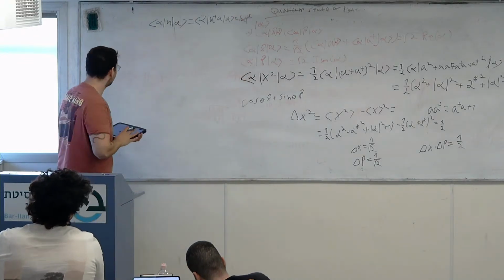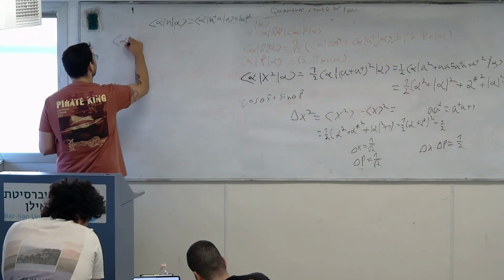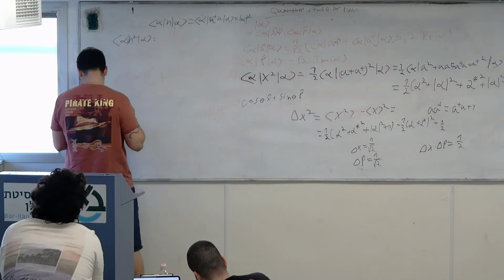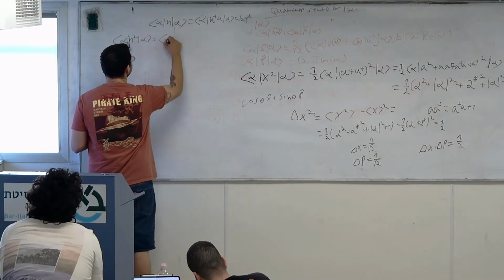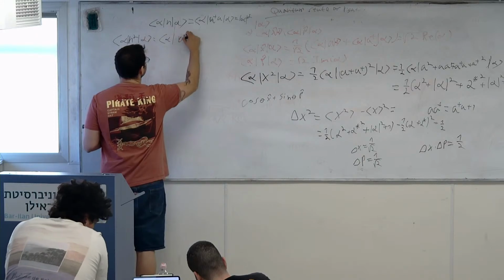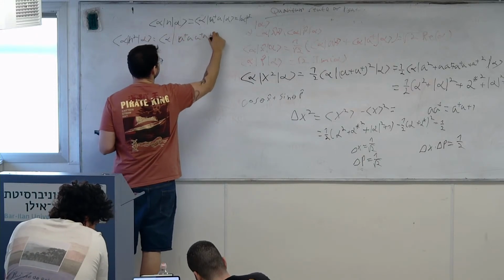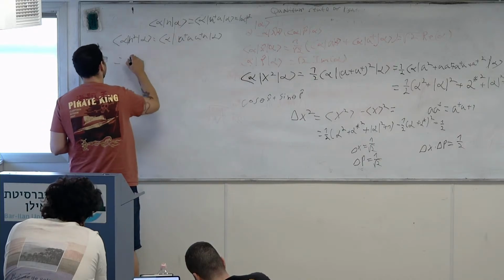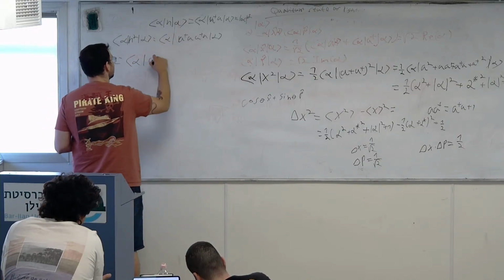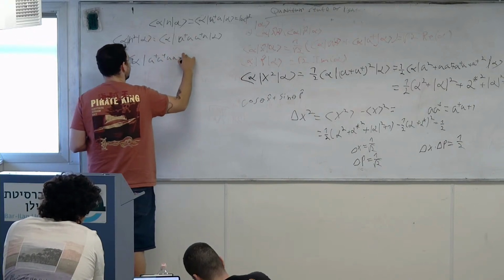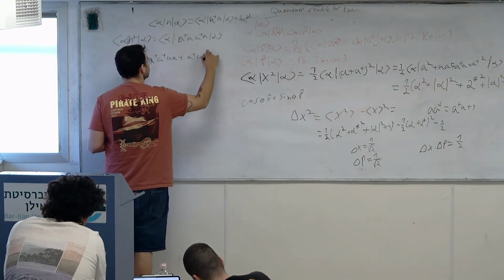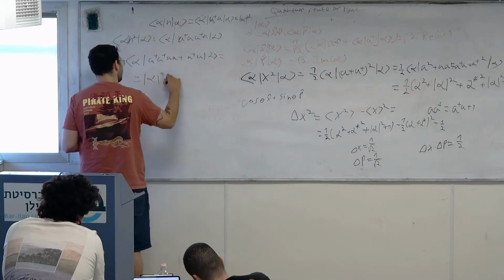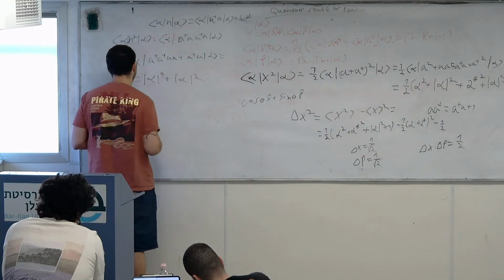And for n squared, alpha a dagger a a dagger a alpha would be equal to, I'm going to put it on both, so we got alpha, a dagger a plus a dagger a, alpha equal to the absolute value alpha to the power of 4 plus absolute value alpha to the power of 2.